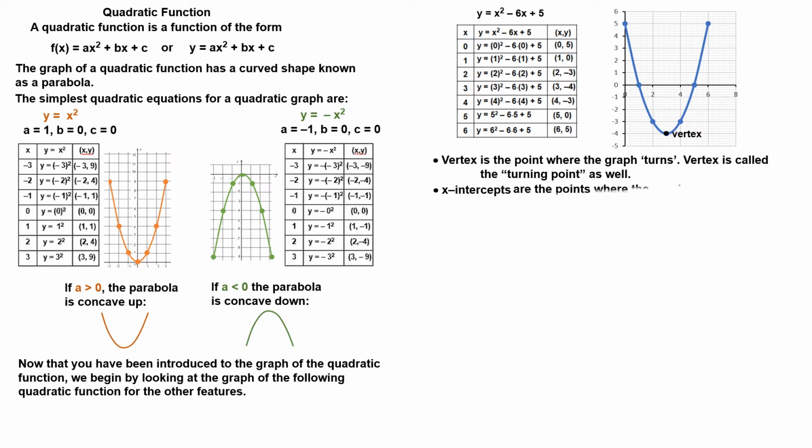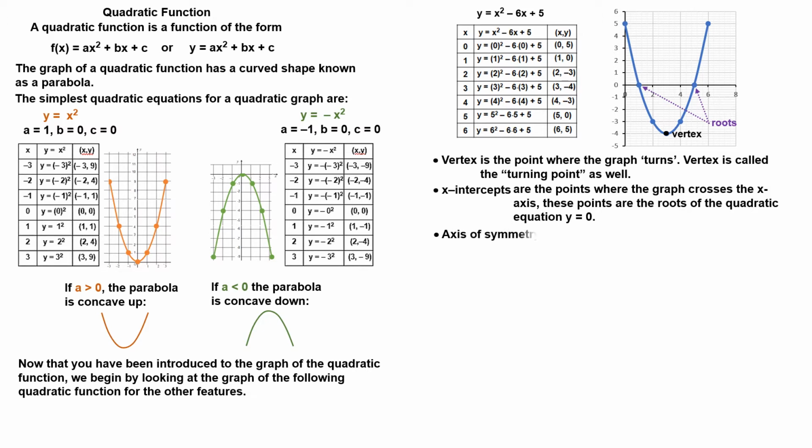X-intercepts are the points where the graph crosses the x-axis. These points are the roots of the quadratic equation. Therefore, we need to solve the quadratic equation to find the x-intercepts. Axis of symmetry is a vertical line that divides the parabola into 2 congruent halves.